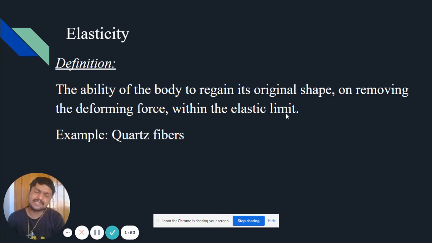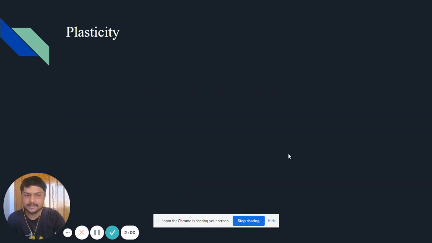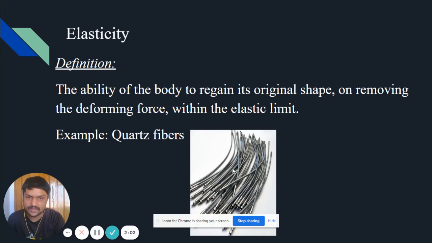The perfect example for elasticity is quartz fiber. These are the quartz fibers, which are generally used in understanding the perfect elastic body. In nature, you find elasticity in many places. Where do you see elasticity much in action? Elasticity can be seen in building bridges. If you have seen bridges and flyovers, you would have seen two heavy weights hanging around in a U shape.